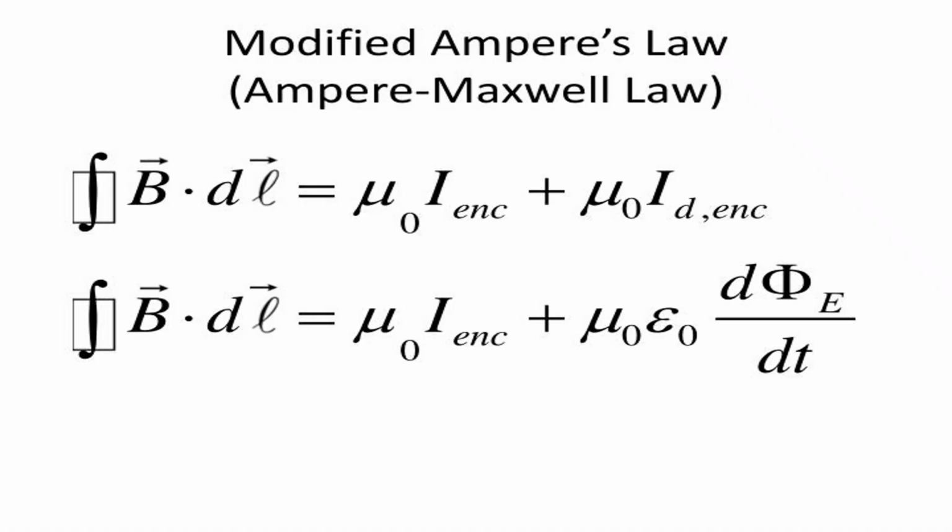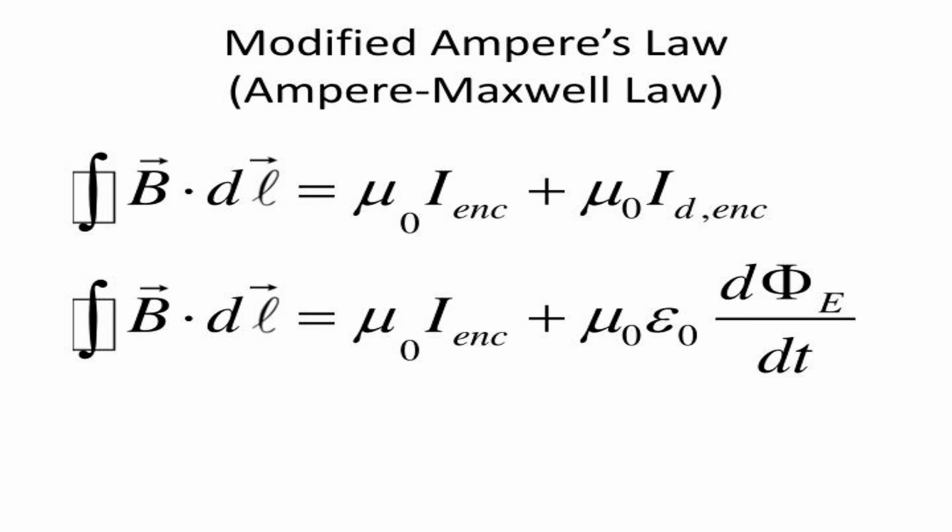Modified Ampere's law is also called Ampere-Maxwell law, in which the concept of displacement current was given by James Clerk Maxwell, and the modified equation of Ampere becomes closed integration of magnetic field B dot dl equals mu naught into I enclosed plus mu naught into I displacement.